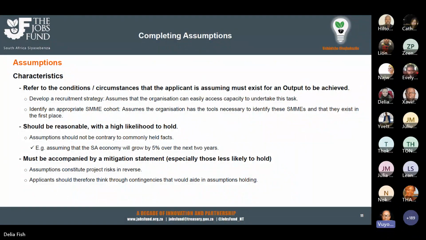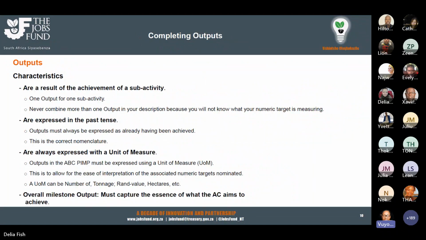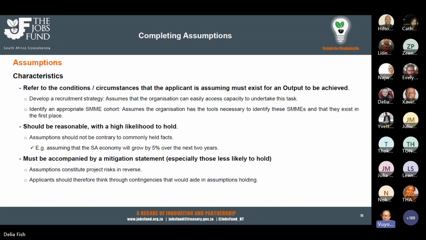Your milestone output must then capture that. It must capture the number of SMMEs that have been successfully recruited, because those milestone outputs, you will see later on, form part of your outcomes section of the ABC PIMP, and therefore are important in terms of tracking your progress towards overall objectives. Next slide, please.